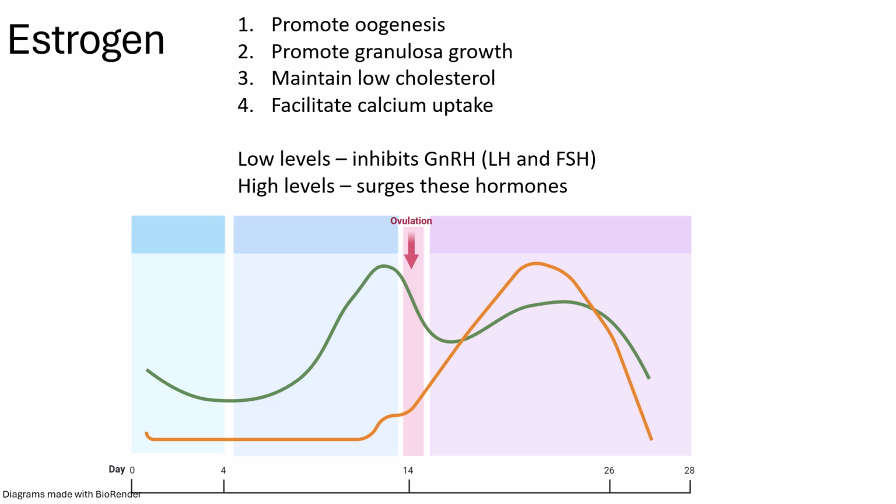It's important to realize that the effects of estrogen on hormones and oocytes is different at high and low levels. It's the opposite, actually. The rising level of estrogen also causes some of the primary oocytes arrested in meiosis 1 to restart meiosis.